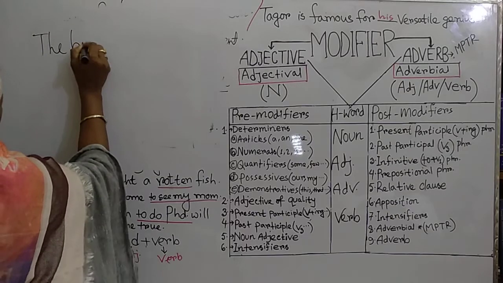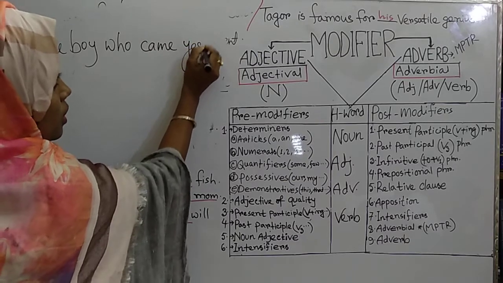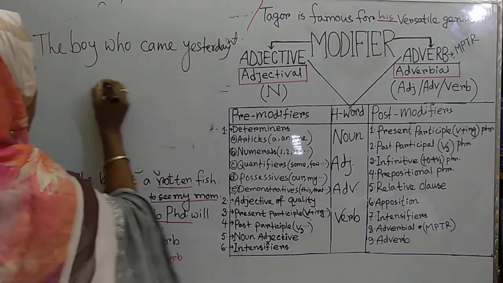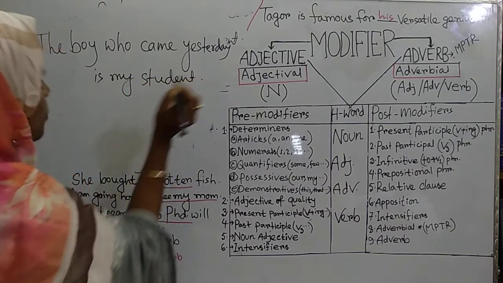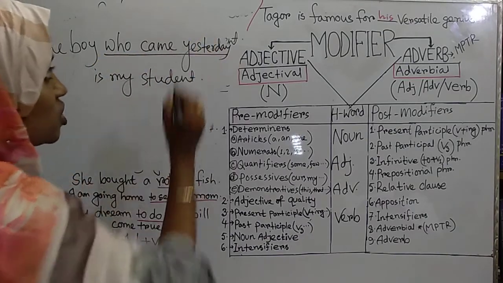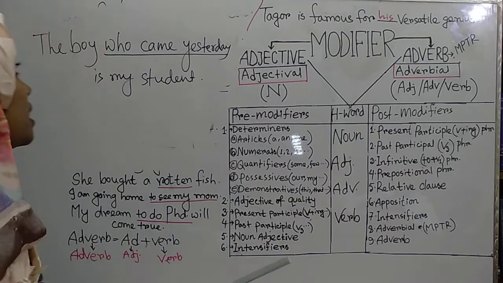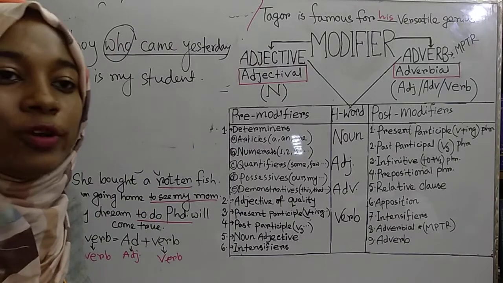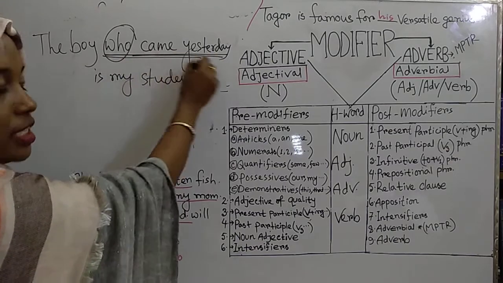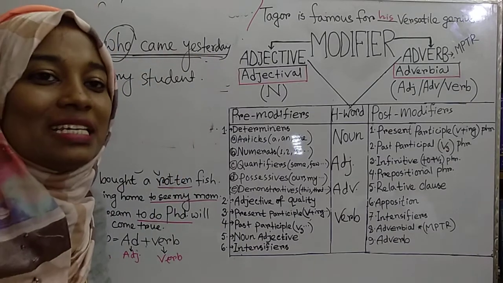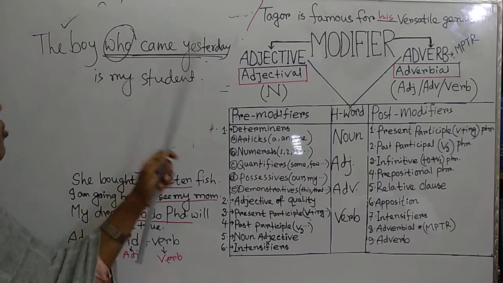The boy who came yesterday is my student. Here, who came yesterday is a relative clause because it starts with who, which is a relative pronoun, and it is extra information about the noun the boy. So it is a relative clause, and here this clause has been used as the post modifier of the noun.